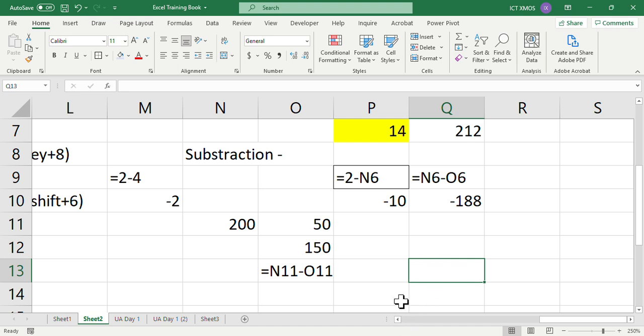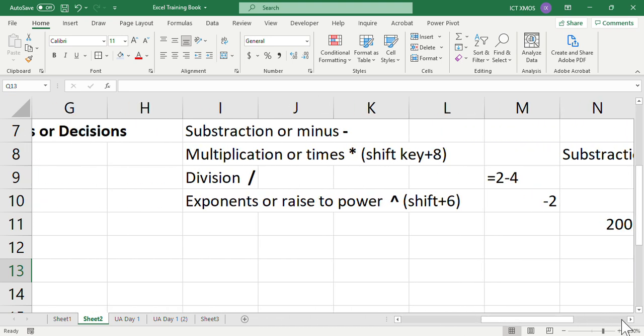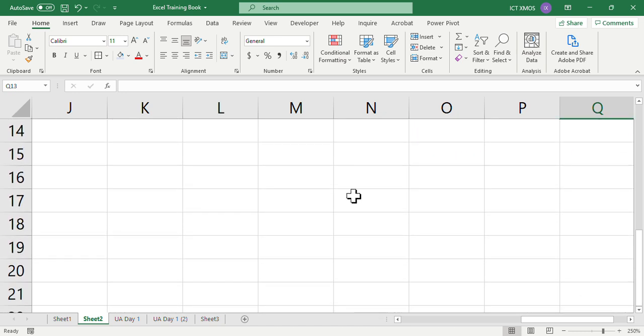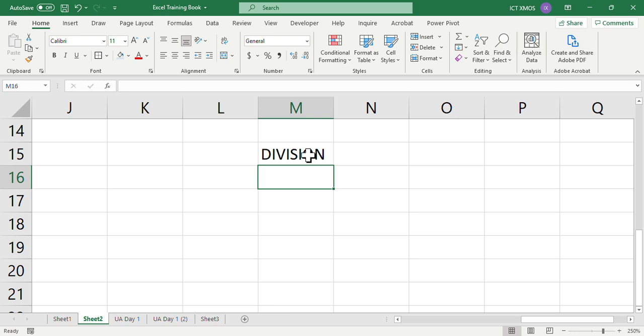Yes, sir. Okay. The next one is division. Under division, you can have something like this: 12 divided by 6.